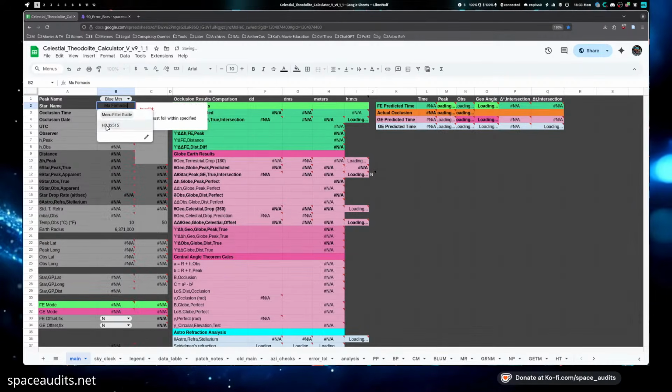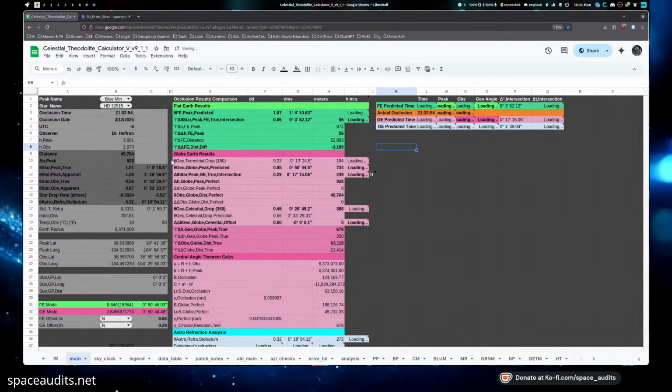And then we go down to Blue Mountain here. So we've got a distance of 49,000 meters. And what this comes out to is we're off by 3 arc minutes on our intersection. The globe is off by 17. It's a 2-minute difference there. Whereas we have 27 seconds in difference from our prediction.